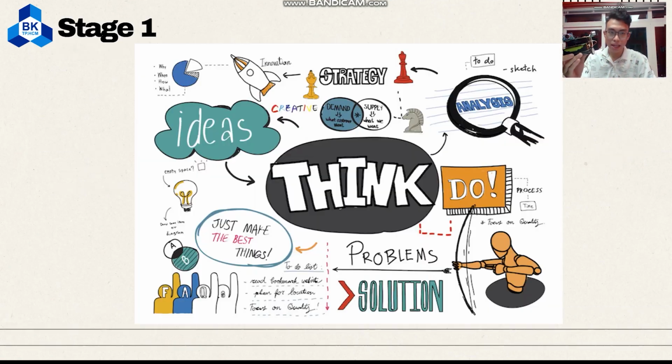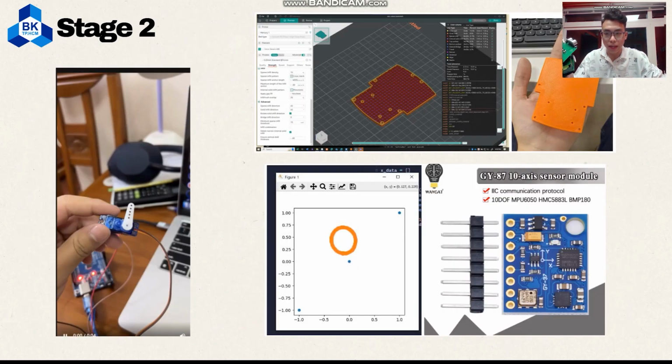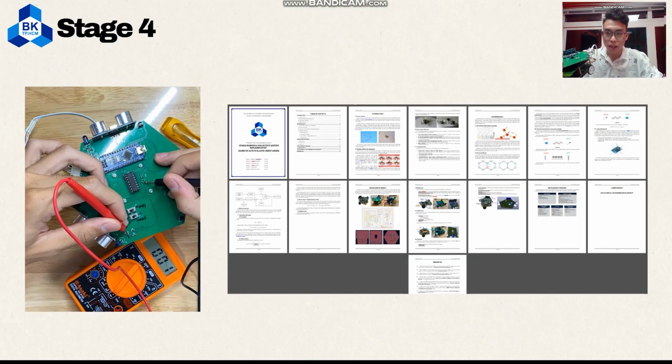So here, as you can see, these are a few images of our development process. This is stage 2. And in stage 3 here, I assembled and soldered all of the components up top for the whole robot. And for the 4th one, I checked for all of the electrical failures or miswiring in the PCB, and I also had to check for overheating of the components, whether they would explode or not.